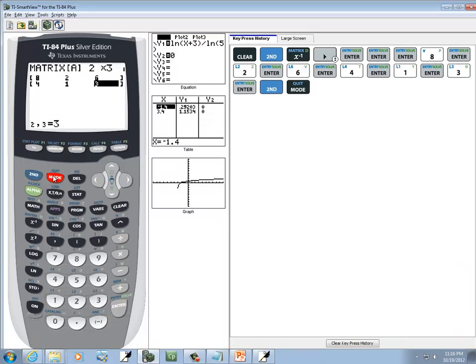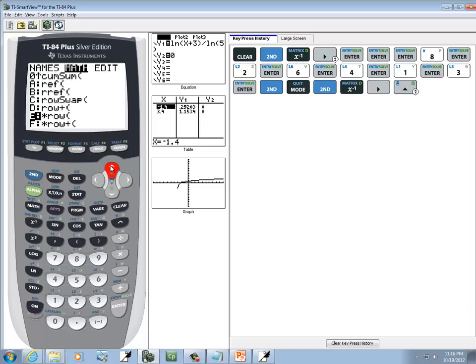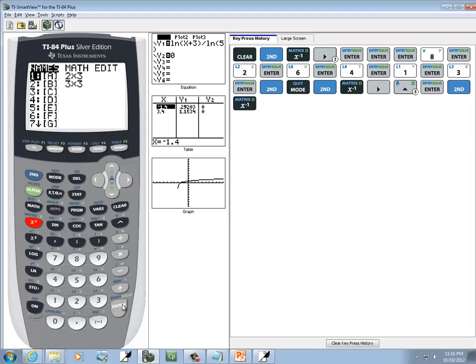And I want to exit out, go back in my matrix menu, second x and negative 1, right arrow to math, up arrow to RREF, enter on it, go back in my matrix menu, second x and negative 1, enter on A, enter again.